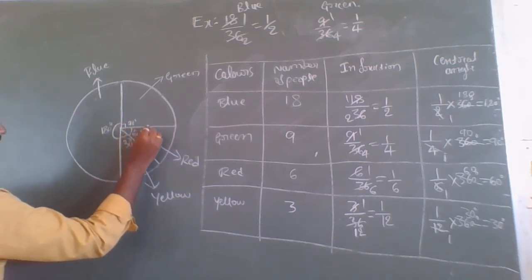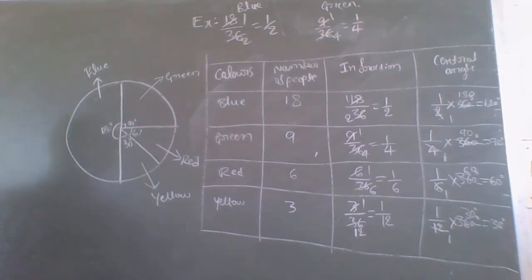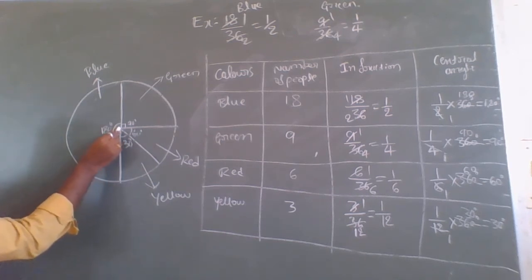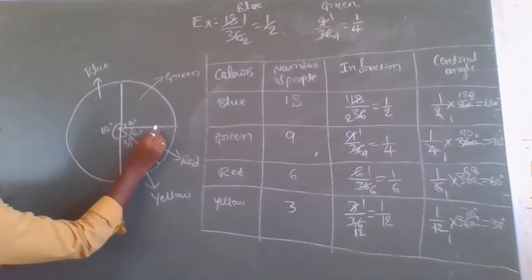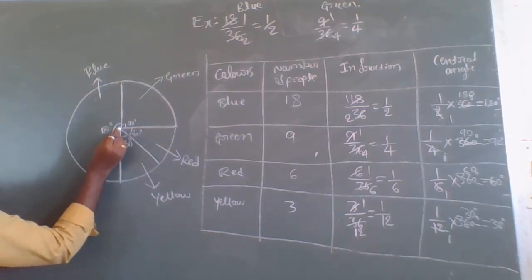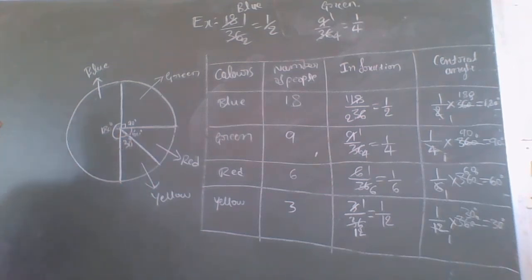So you will get 90 degrees here. Next, after this, here again you have to place it on this point only. Consider this line as the baseline of your protractor and draw a line for 60 degrees. You will get it here, and the remaining is 30 degrees only. So this is the pie chart for the given information.